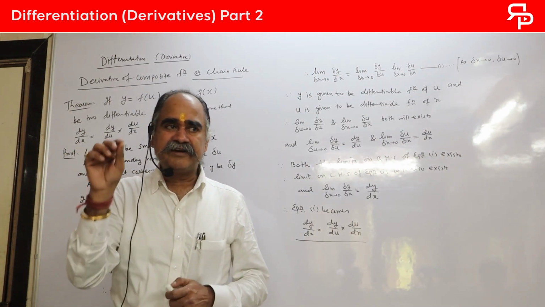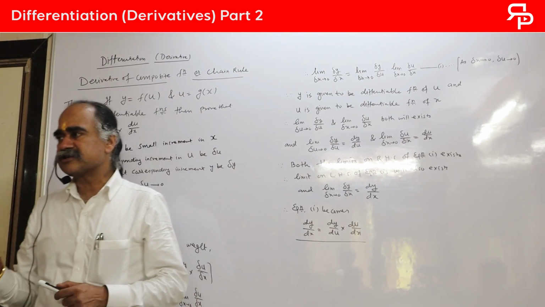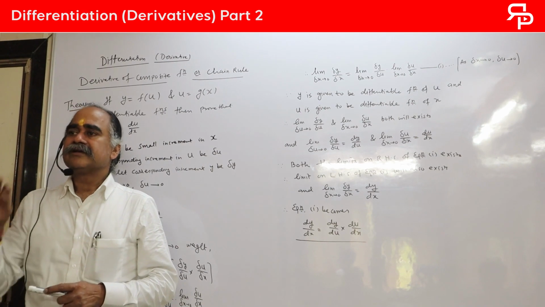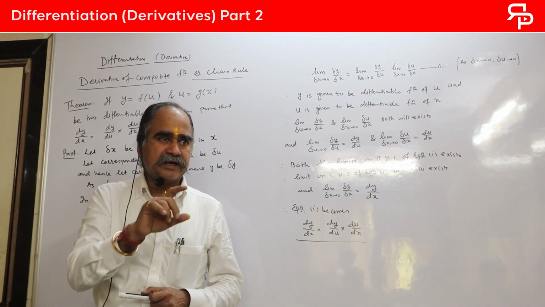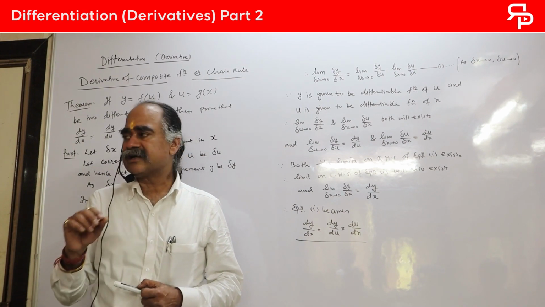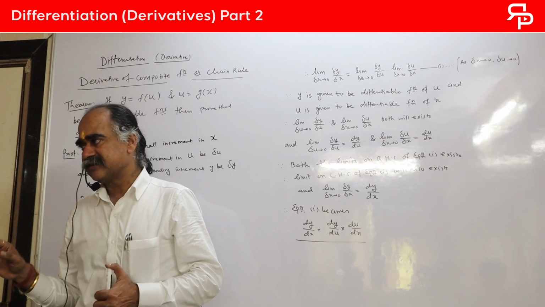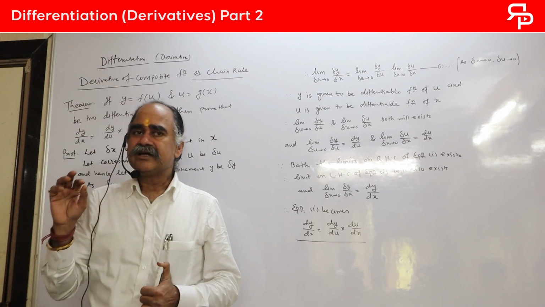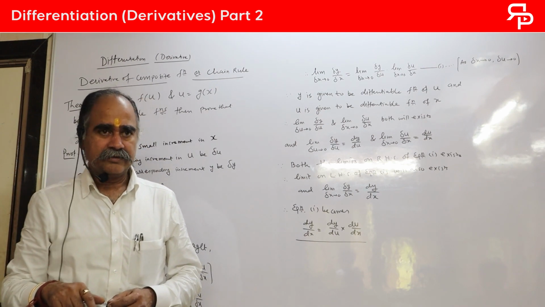Since y is given to be a differentiable function of u and u is given to be a differentiable function of x, therefore limit delta u tends to 0, delta y by delta u and limit delta x tends to 0, delta u by delta x both will exist. Limit delta u tends to 0, delta y by delta u is dy by du.